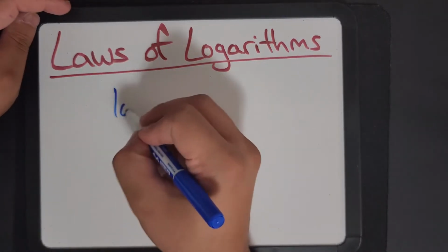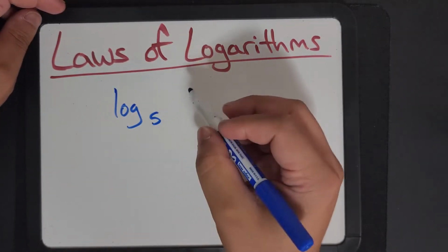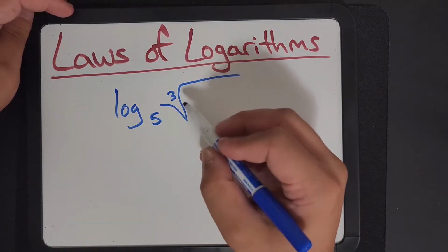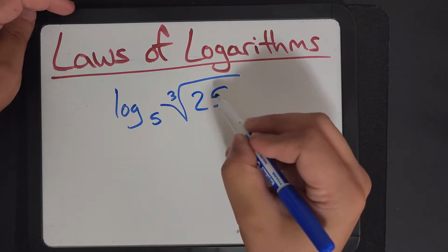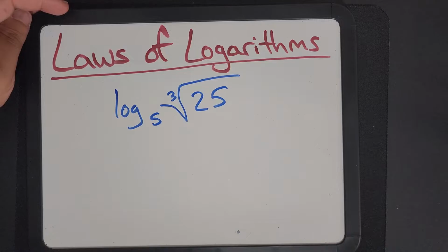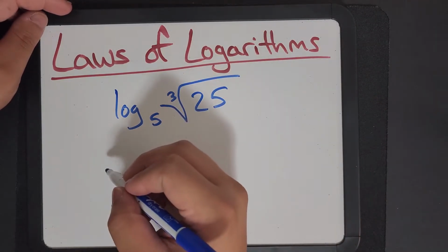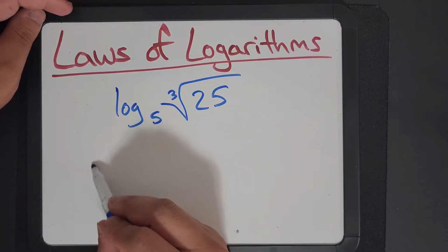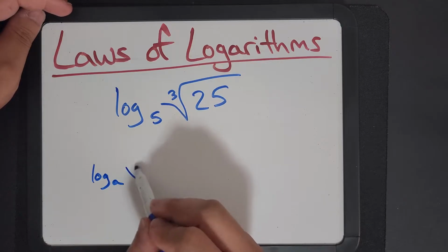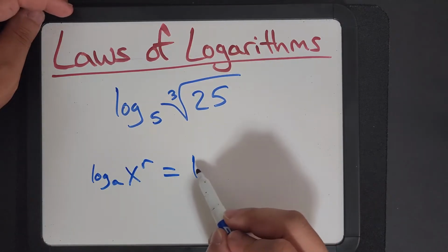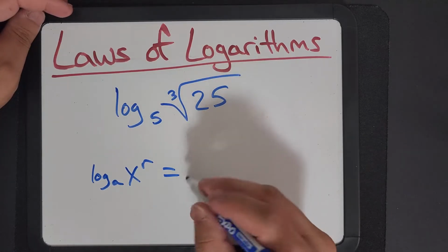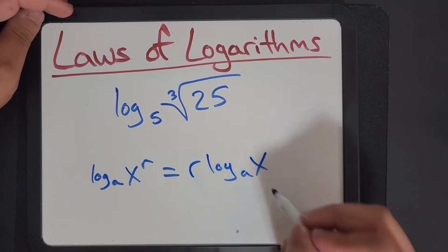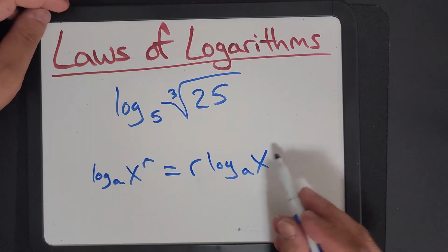Anywho, let's do log base 5, cube root 3, 25. So, if you remember, you can see the pattern where I'm going with this one. If you have log base a x to the r, you can write that as r log a of x.